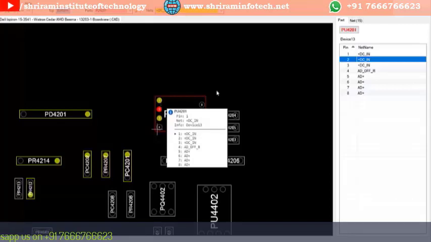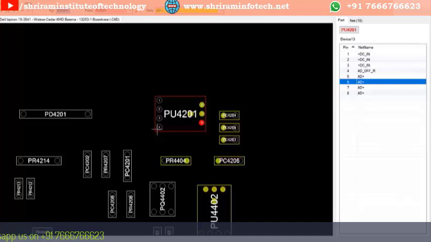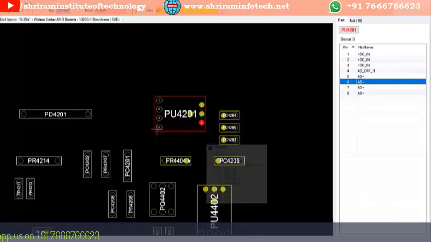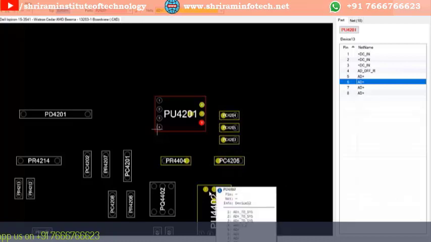Suppose I connect pin number 6, then all these pins will be highlighted. When these pins are highlighted, you come to know that they are connected with each other. So you can test voltage either here or here or here, any one of the points. All the points are the same.